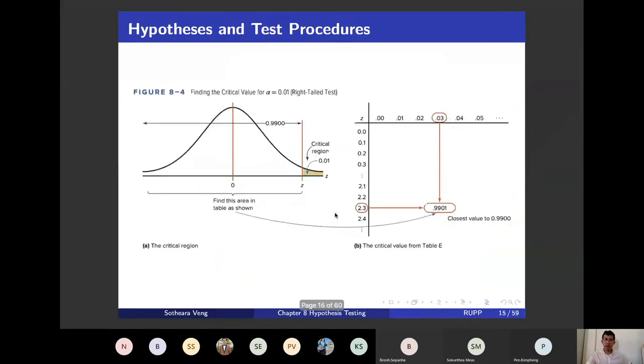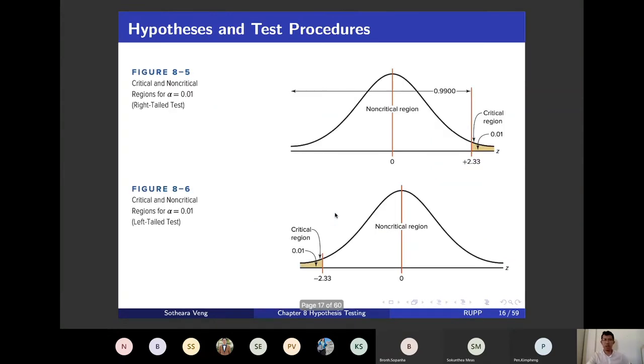Okay, and so far we have dealt with hypotheses related to the population mean. You come up with a claim, and then you try to find evidence to support your claim.